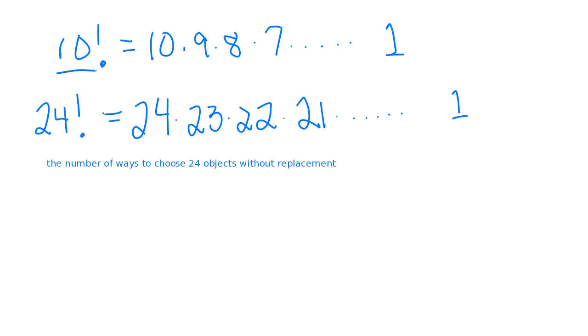Okay, so what if we want to know the number of ways to choose 3 objects out of 10 with order? That is a permutation because it has order. So we would say P, in the online calculator, you could just do 10, 3.